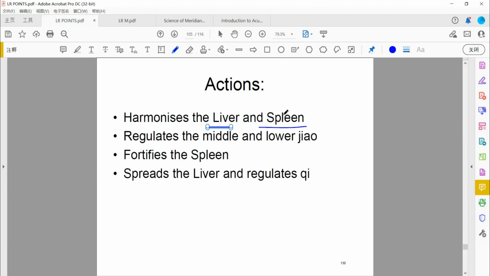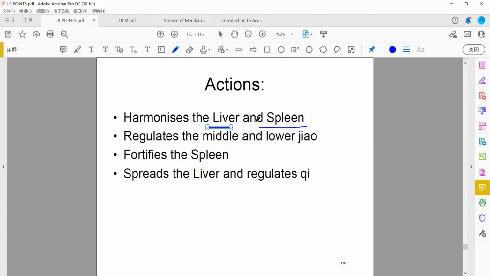The patient will have no appetite and won't want to eat. Or over a long time, if the patient has liver stagnation overacting on the spleen, the patient may have chronic diarrhea, because the liver affects the spleen.